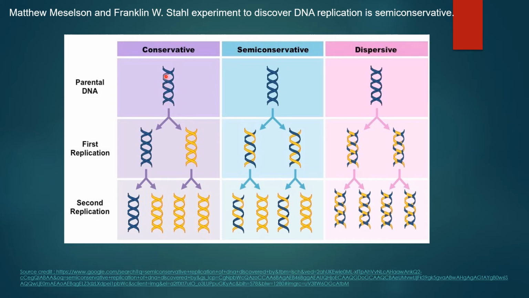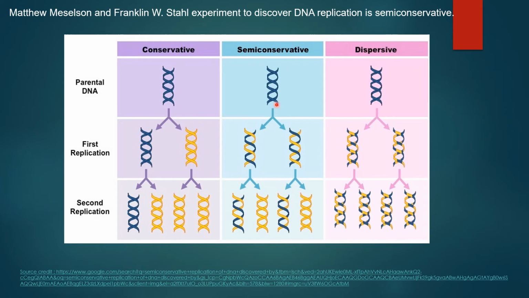When parental DNA is there, after the first replication, the whole of the parental DNA will be conserved at one place and the newly formed DNA will have both strands new. After the second replication also, this parental strand will get conserved and give rise to 2 new strands. Same will be the condition for the other 2 strands also. Every time one will get conserved and the other 2 strands will get formed newly.